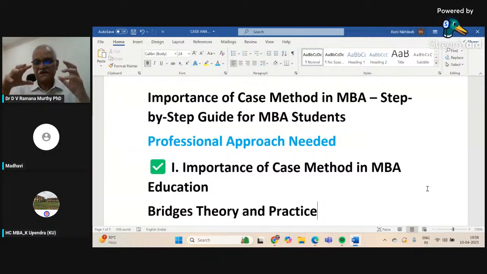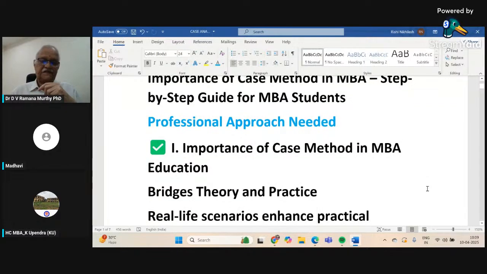Am I clear? All these things are to be considered important. To give you that kind of taste, the case method has been introduced as a methodology for most of the management programs in business schools. So let us examine the inside out of this.